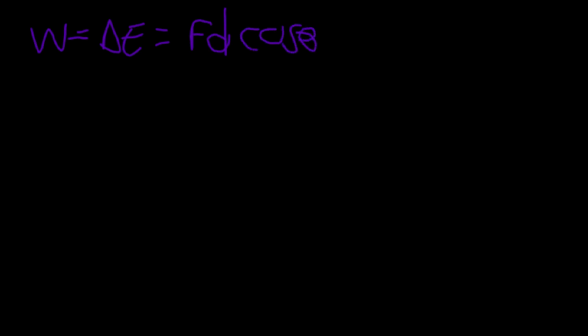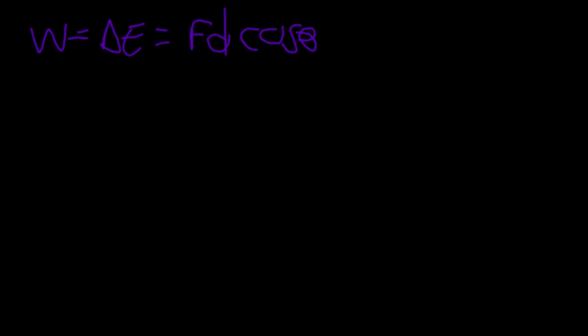Work is defined as the change in energy of a system, and it is also equal to the force acting, the distance over which that force is acting, times the cosine of the angle between the force and the distance in which the object is moving.